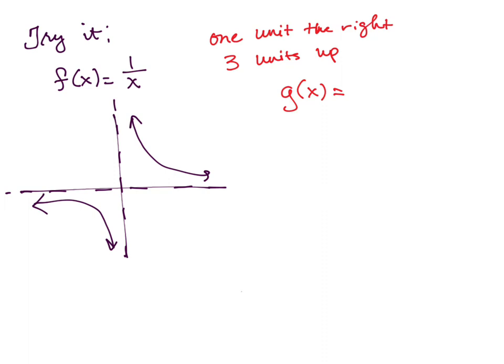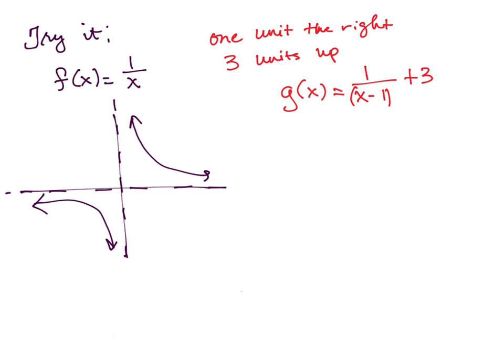One unit to the right. How? Yes. 1 over x minus 1. So it's an insider. It's got to lie, and it needs to go with x in the denominator. And then where are you going to put the 3 units up? Outside. Plus 3. Let it tell the truth.